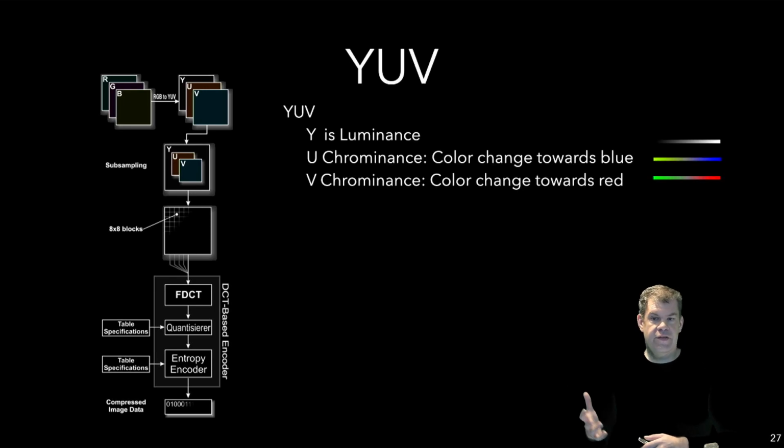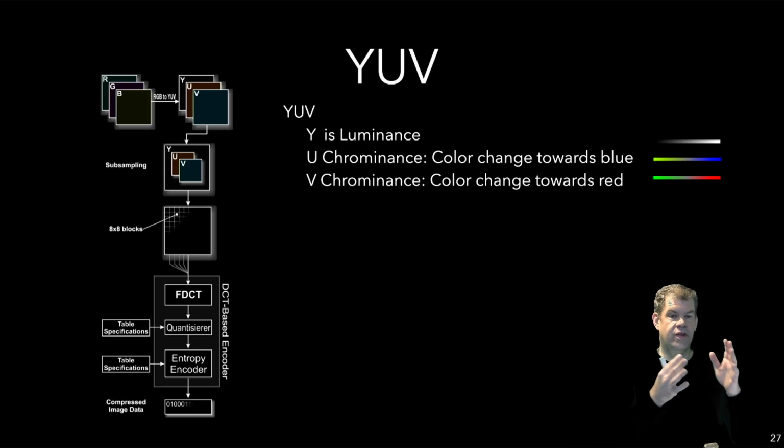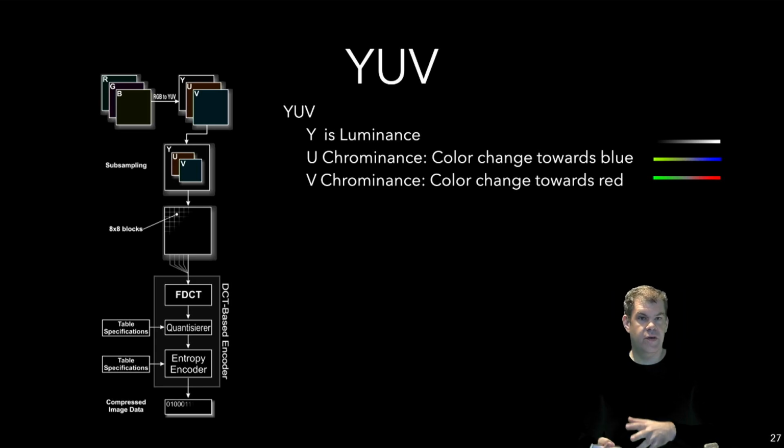First of all, I said the color space is transformed from, say, RGB or CMYK or HSL, or whatever is being used, to YUV. So what is YUV really? YUV is a format I mentioned in computer graphics in more detail.